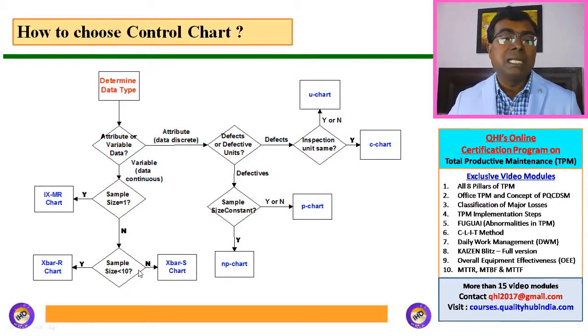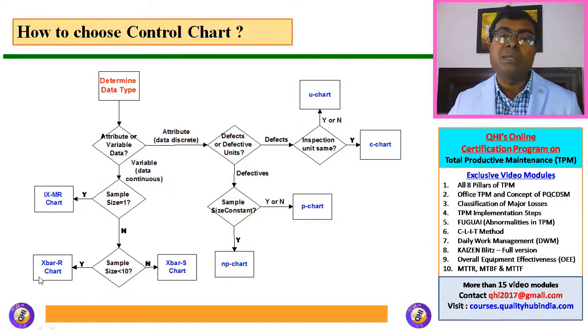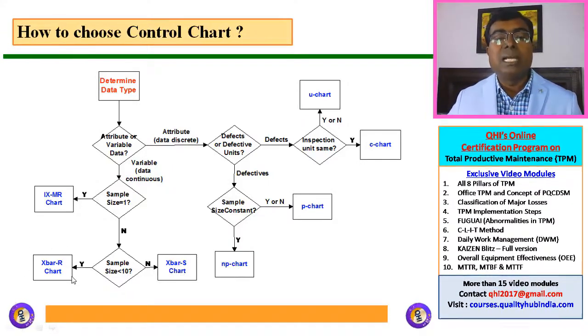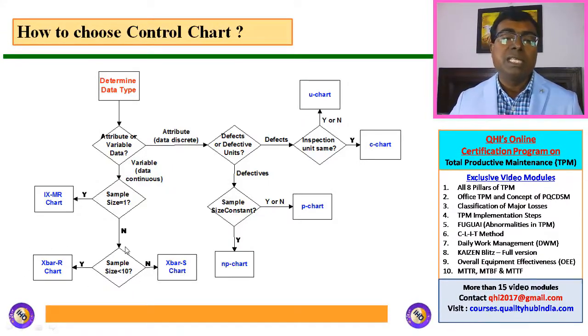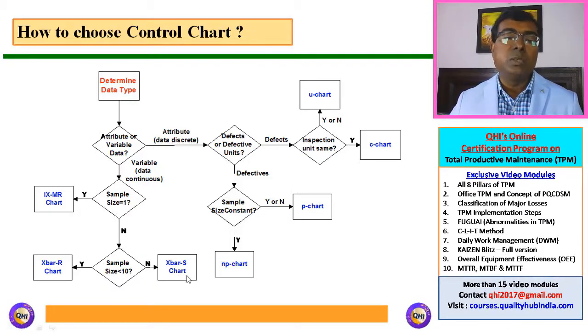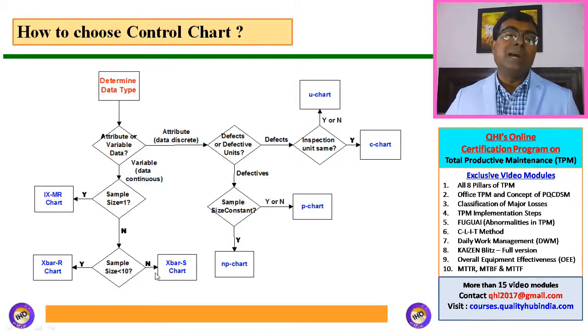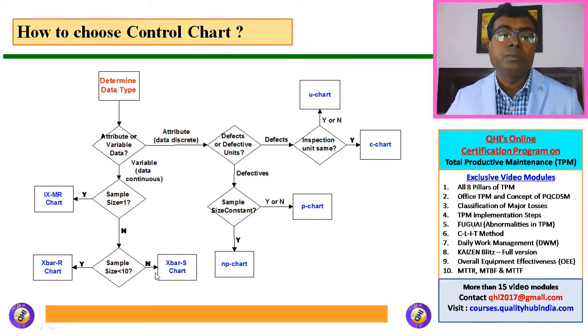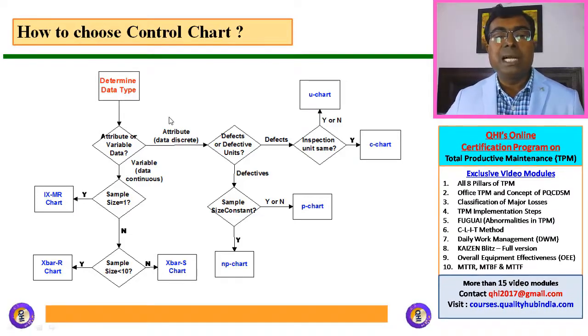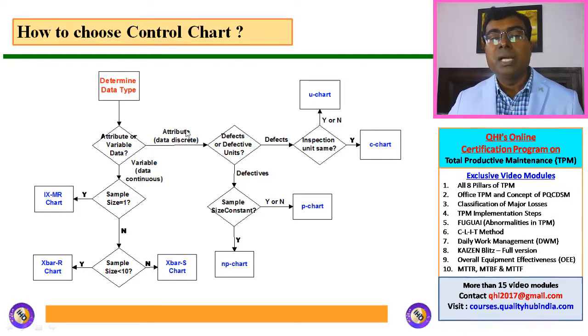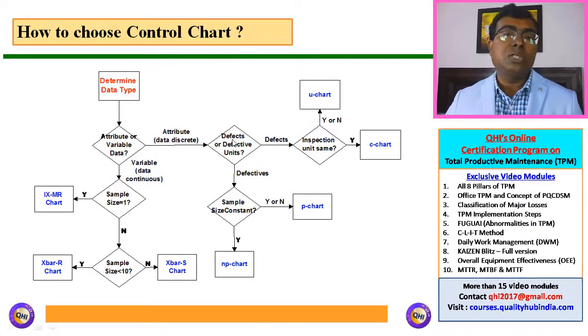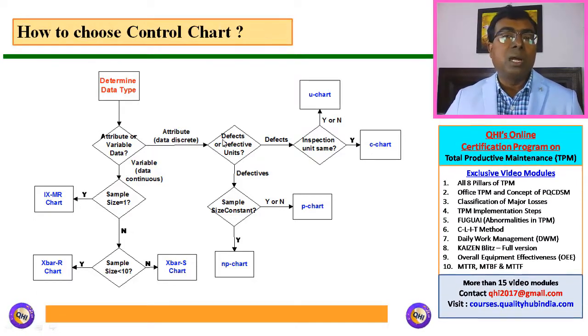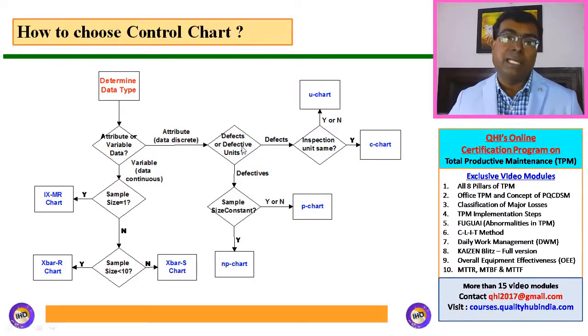If my sample size is less than 10, I will use the X bar R chart, or average range chart, and if it is more than 10, I will use the X bar S, or average standard deviation chart. Now let's come to the other side, the attribute control charts, where your further question would be whether I am going to plot the defect or defective.